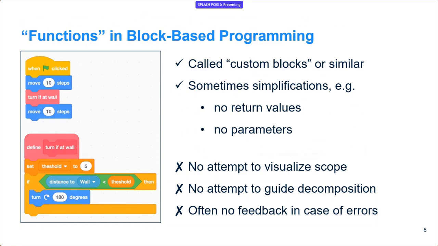They do not attempt at all to represent scope in any way that is helpful for guiding the user. They don't make any attempt at guiding or supporting users in how to structure their programs. And often they don't even provide feedback in case of errors, like in this example, where you could take this threshold local variable that is defined within this function and just drag it anywhere else, and it fits in there.